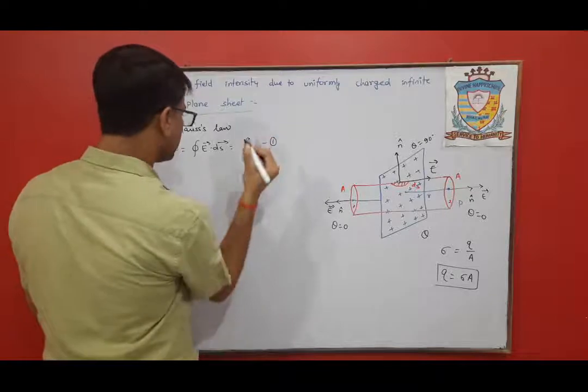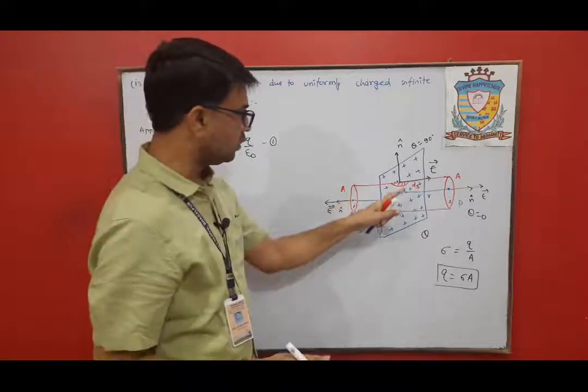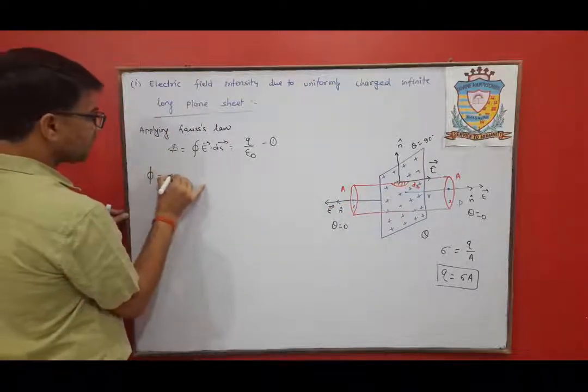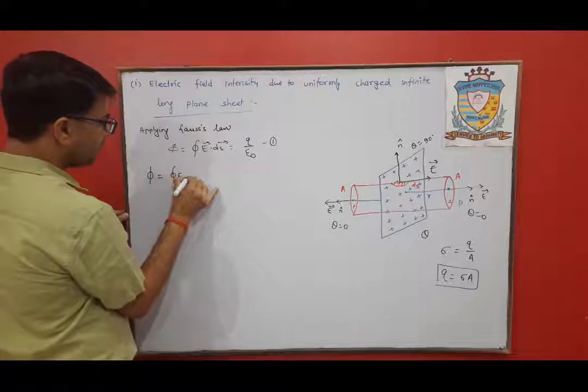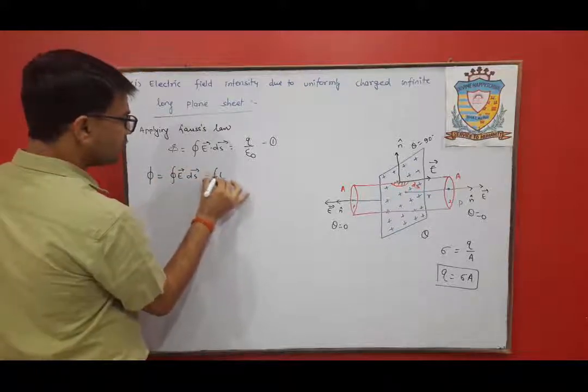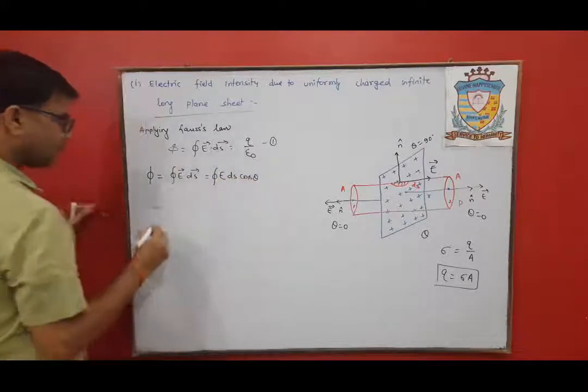This is our equation number 1. And total flux according to this will be closed integral of E dot ds, or closed integral of E ds cos theta.